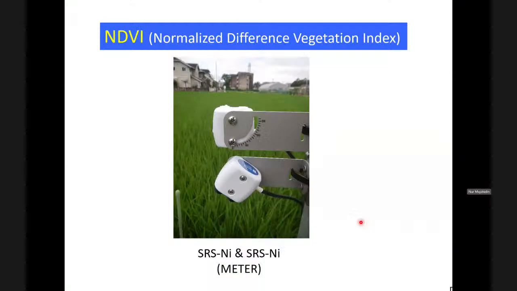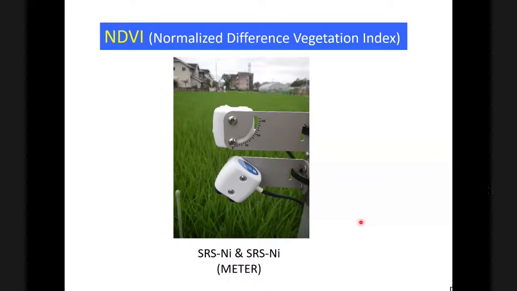Plus NDVI, the normalized difference vegetation index. NDVI can be regarded as a kind of rate of photosynthetically active radiation, PAR, that is utilized for photosynthesis by the plant. NDVI normally takes a value from -1, 0, up to 1.